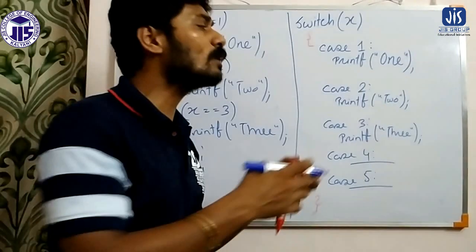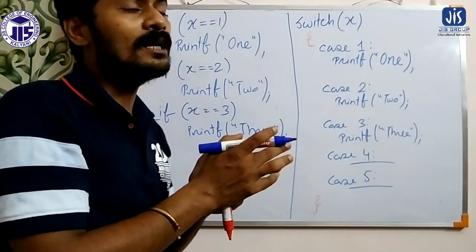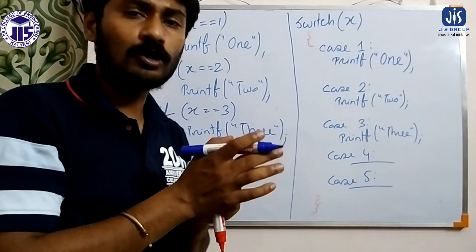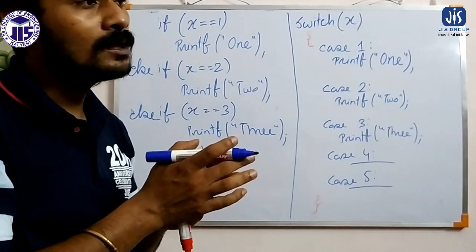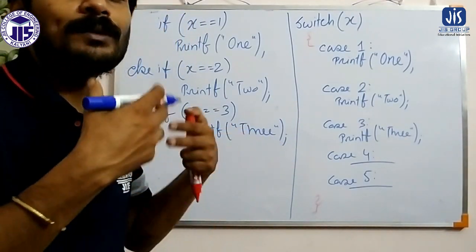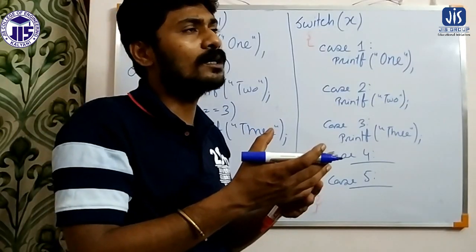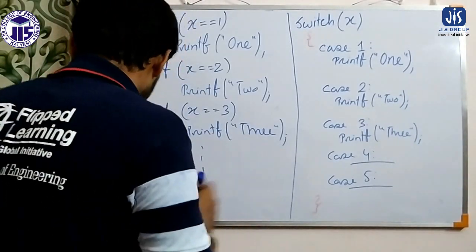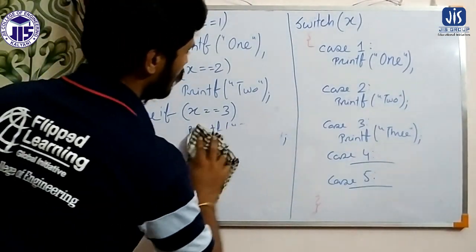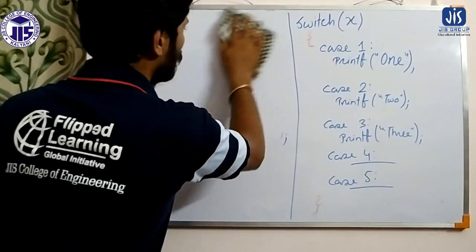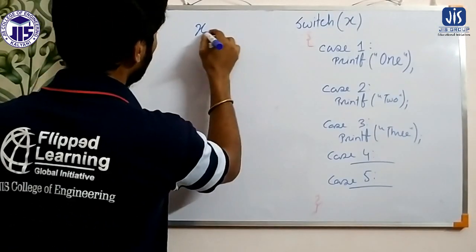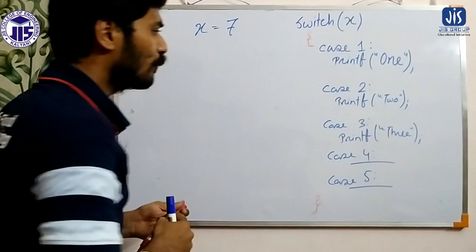Default case that we have mentioned earlier: if the variable value and the case value are not matching, that means the value we have inserted for the x variable, for example, if I erase this part and say the value of x is 7.